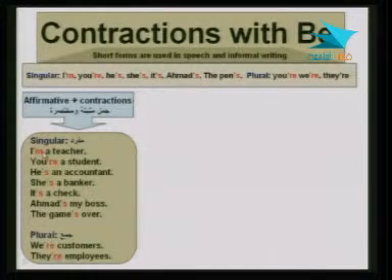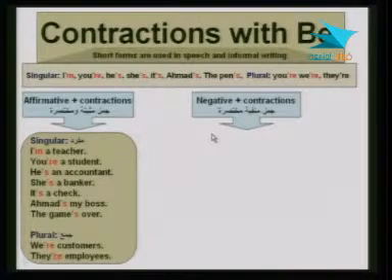This is the short form of the verb be, am. This is the short form of the verb be, are. We say I'm. We say you're. And this is the short form of the verb be, is. He's an accountant. All right.